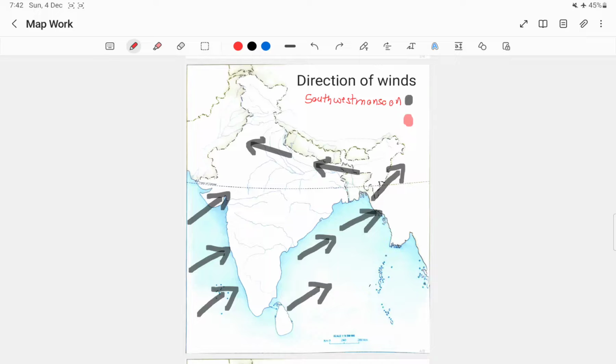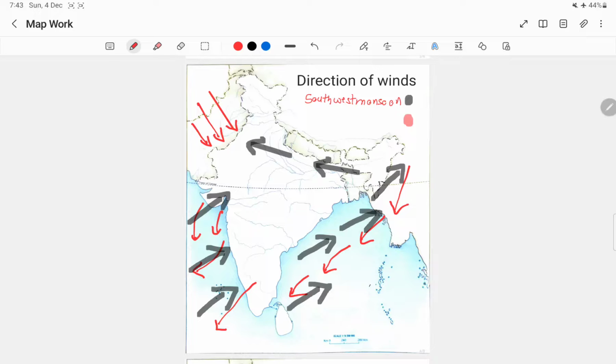So let's just count the arrows now. 1, 2, 3, 4, 5, 6, 7, 8, 9, 10, 11.